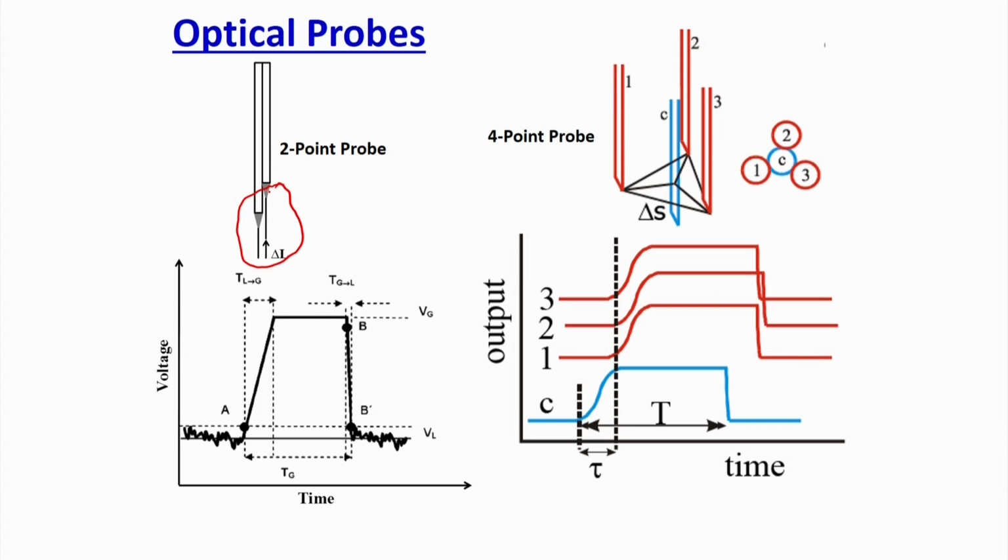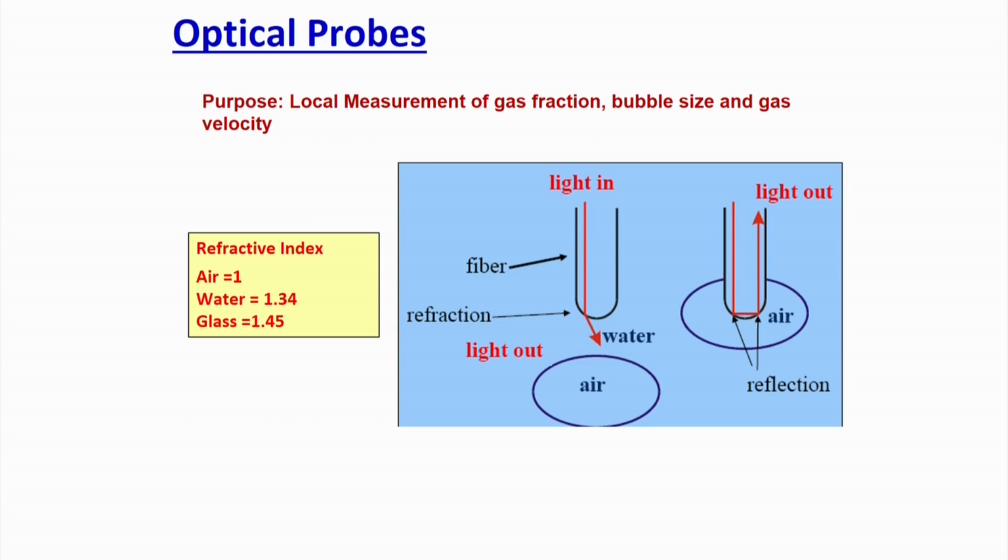It works on two principles, one is reflection and the other is refraction of light. There are two probes inside: one probe emits the light and another probe sees the light which is being refracted by the phase. So, in a typical fiber, one fiber will be emitting the light, giving a light signal into the phase of interest.